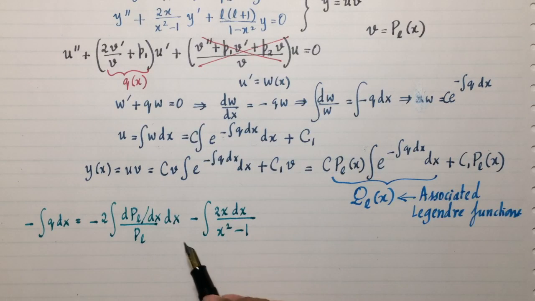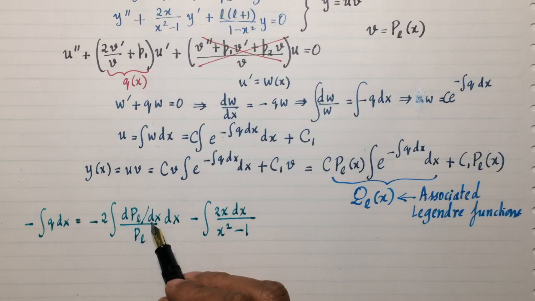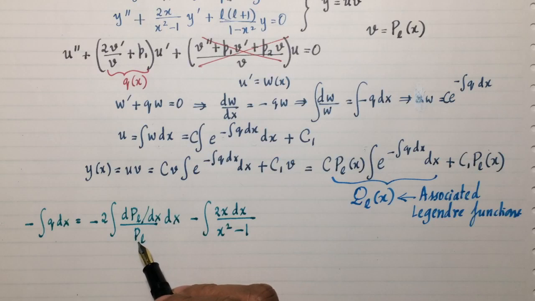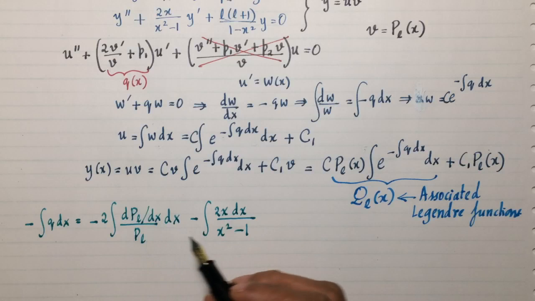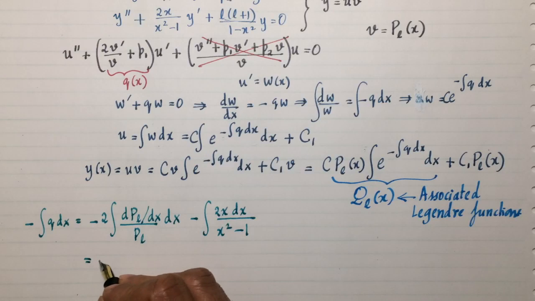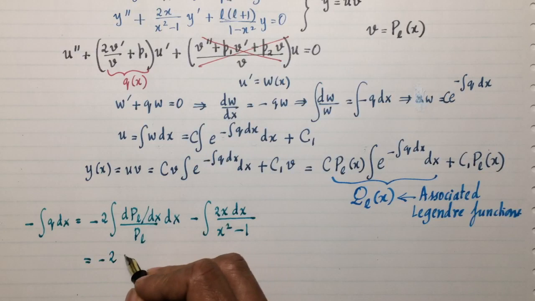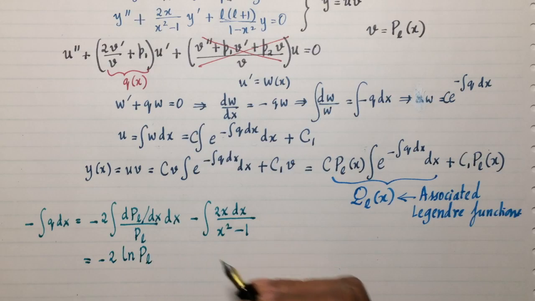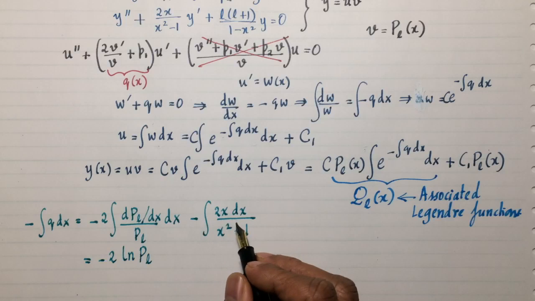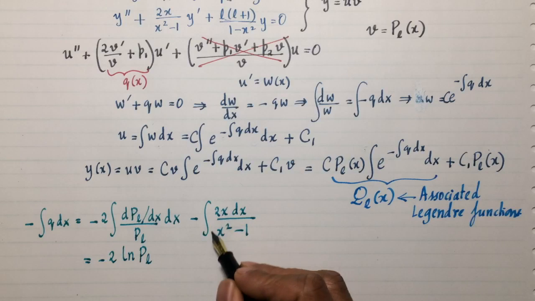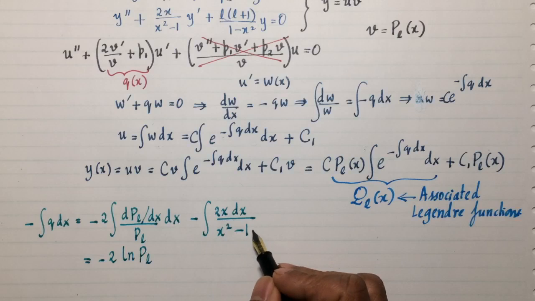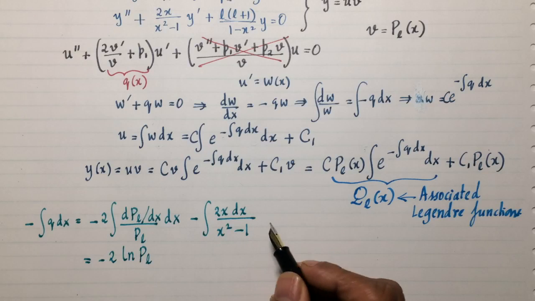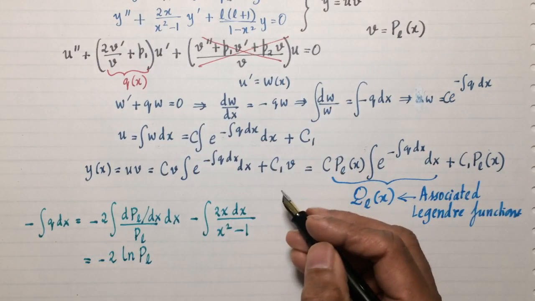Observe some nice simplifications. This dPL over dx times dx over PL is just dPL over PL. So that gives me negative 2 times the natural log of PL. And this, if the denominator is set equal to some substitution, like u substitution, I'm afraid to call it u because I've already used u here.